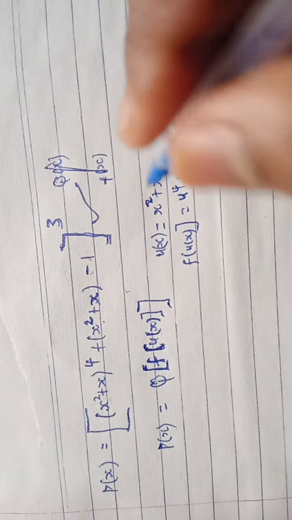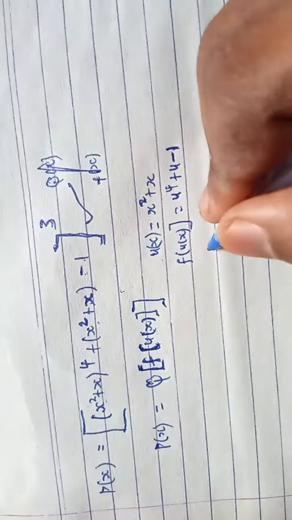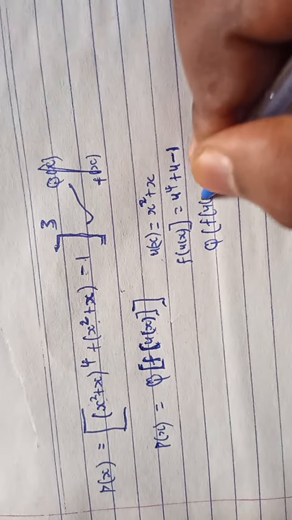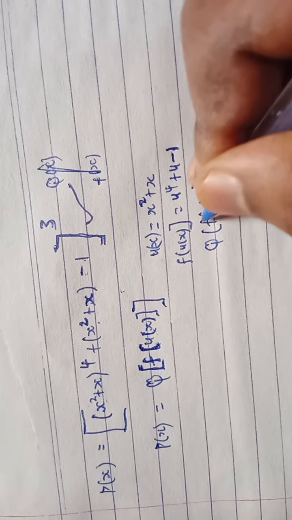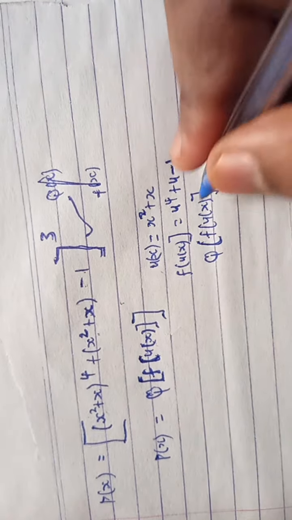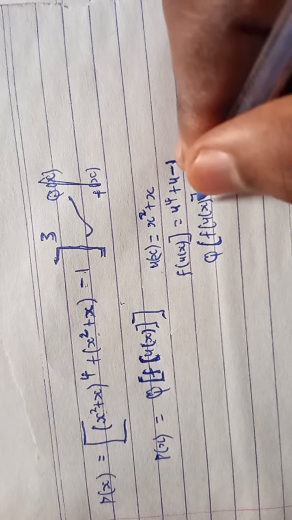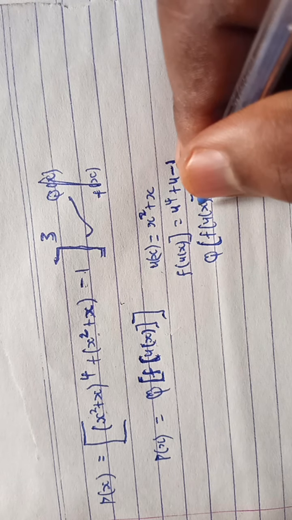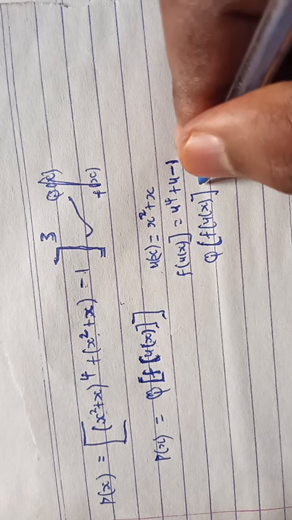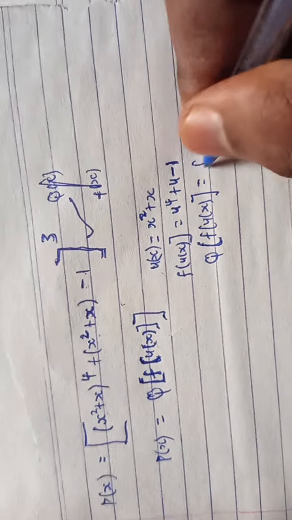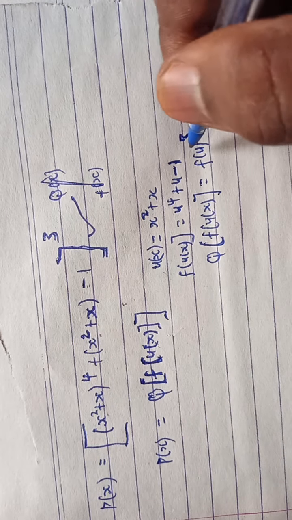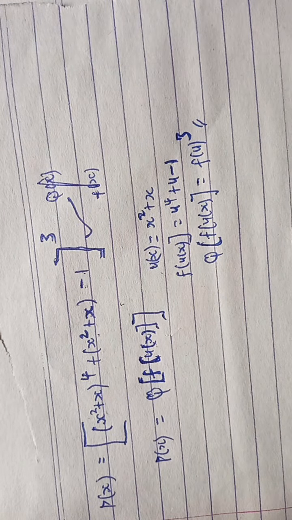Have you seen that, guys? And we have q of f of u of x. So let's just denote f of u of x as f of u. So we'll have it equal to f of u all power 3. So this is how it is, guys.